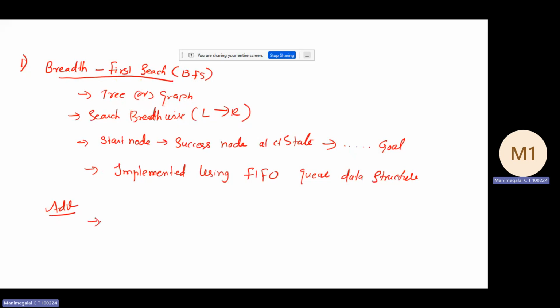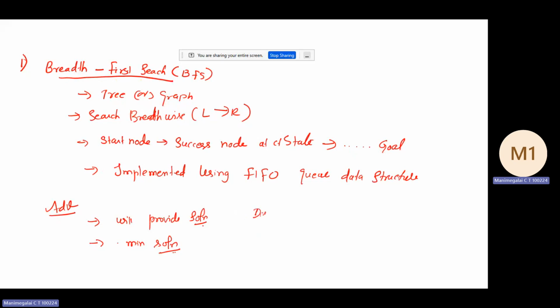If in a given problem there is a solution, it will definitely provide it. And if there is more than one solution for a given problem, it will provide the minimal solution, which requires at least the minimum number of steps. So the minimum solution will be provided. This is the advantage of BFS.